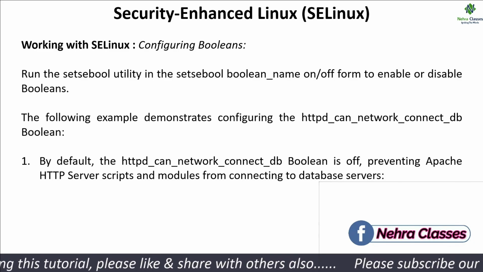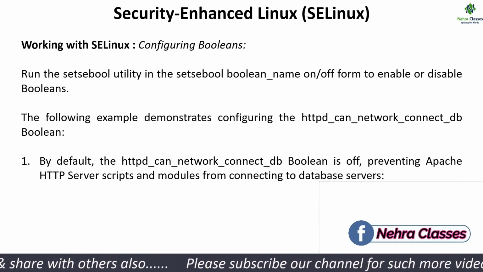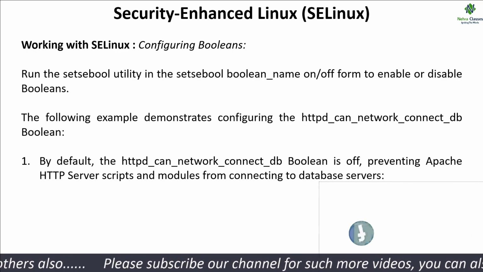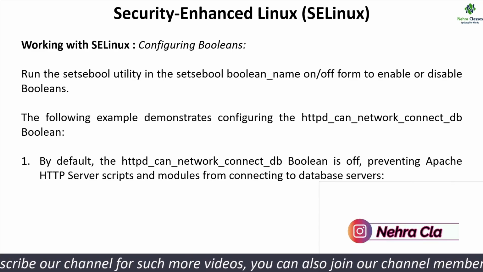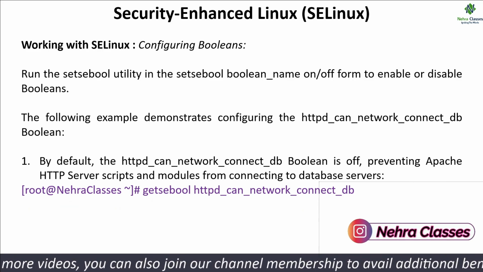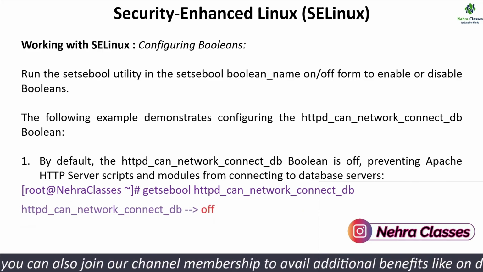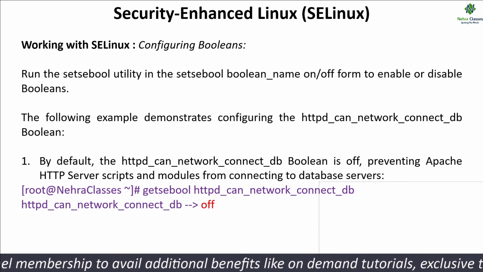By default, the httpd_can_network_connect_db boolean is off, preventing Apache HTTP server scripts and modules from connecting to database servers. So if you execute the getsebool command for this, you will see the output like this, where it will show you that this boolean is in the off state.